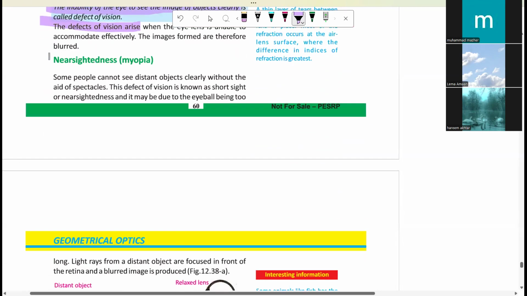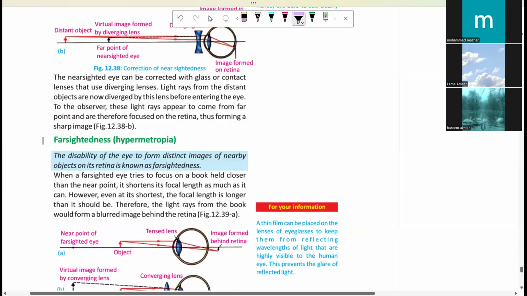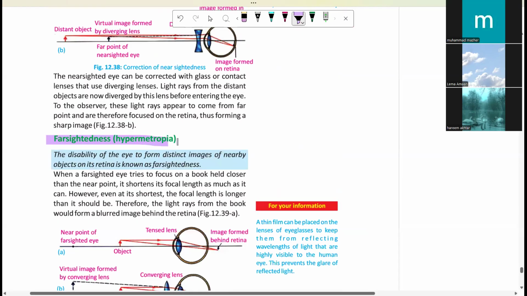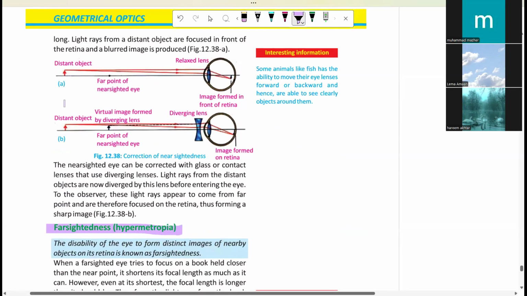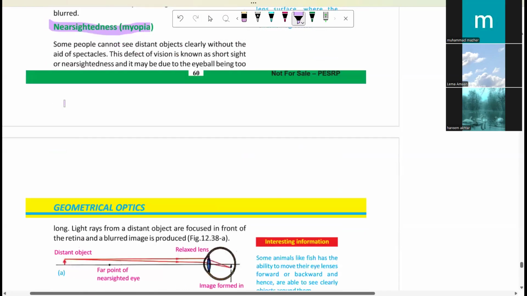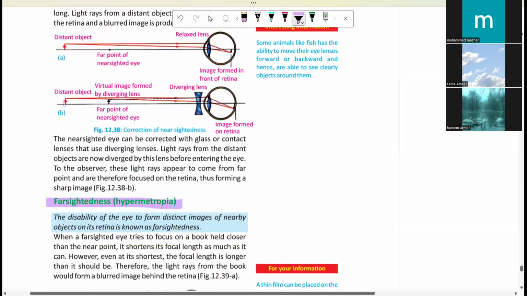Nearsightedness को जो है वो myopia कहते हैं, long sightedness को hyperopia, जो हम लोगों ने अभी पढ़ा भी था, hypermetropia. Far sightedness, long sightedness basically, and short sightedness is near sightedness. सो उसमें कंफ्यूज होने की जरूरत नहीं है, it's the same thing.